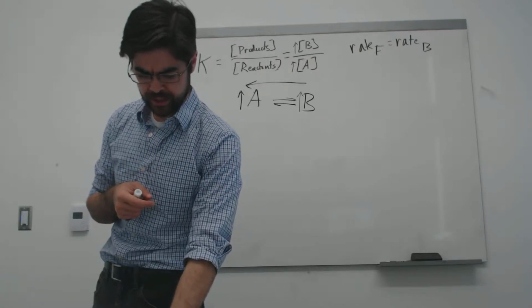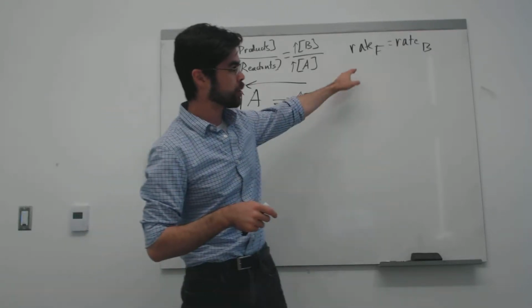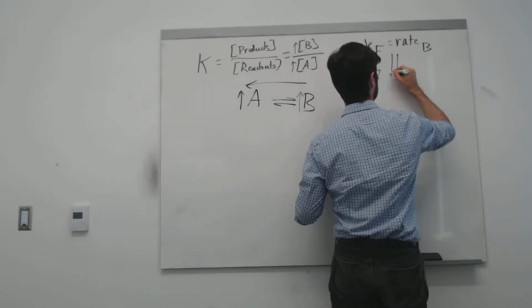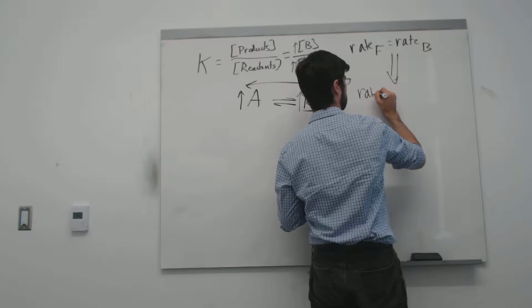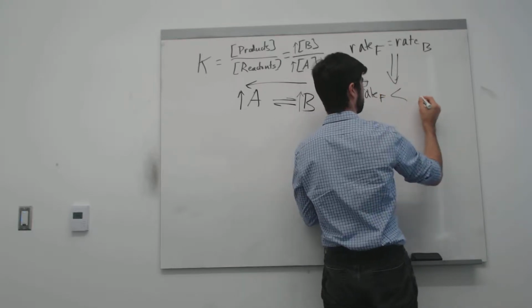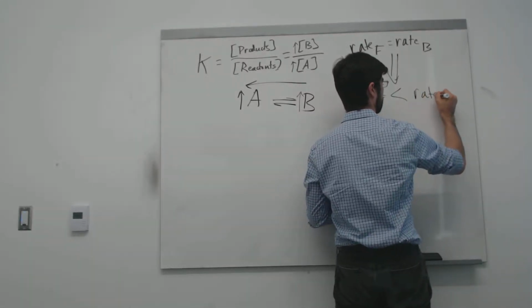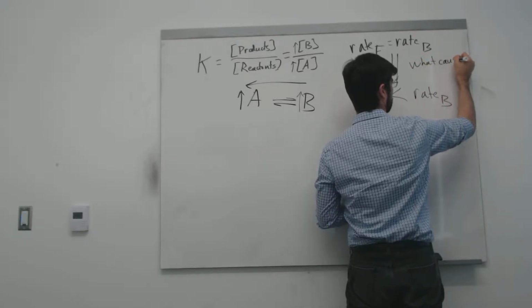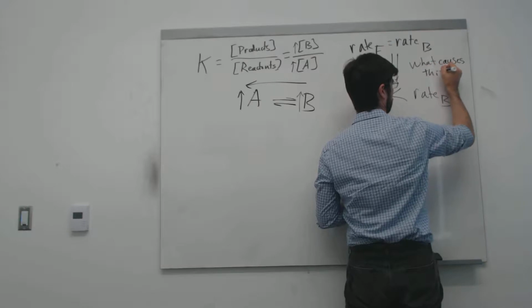In what case does the rate forward equal to rate backward change to something like this, where, say, rate forward is suddenly less than rate backward?